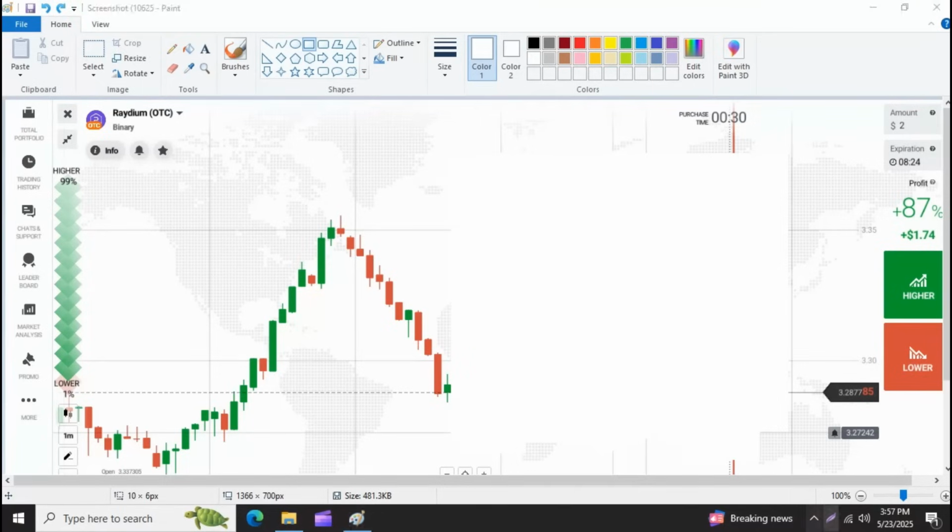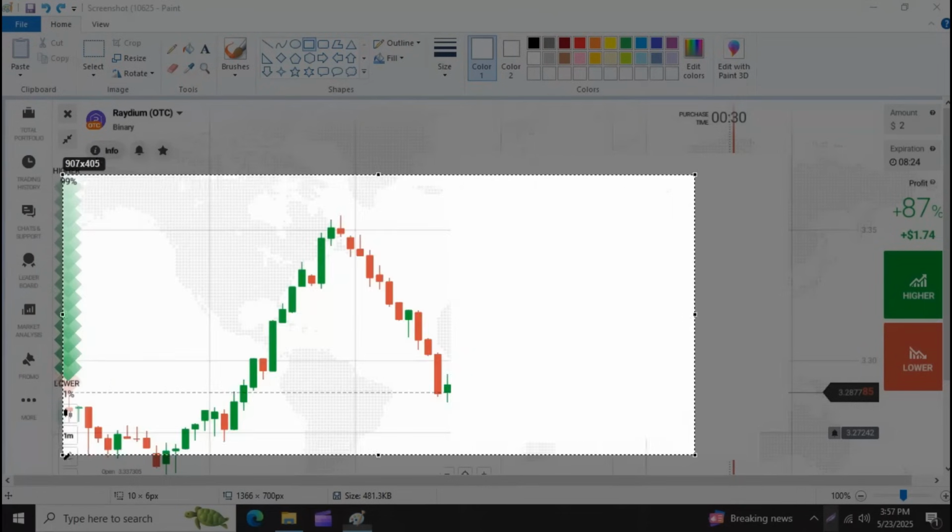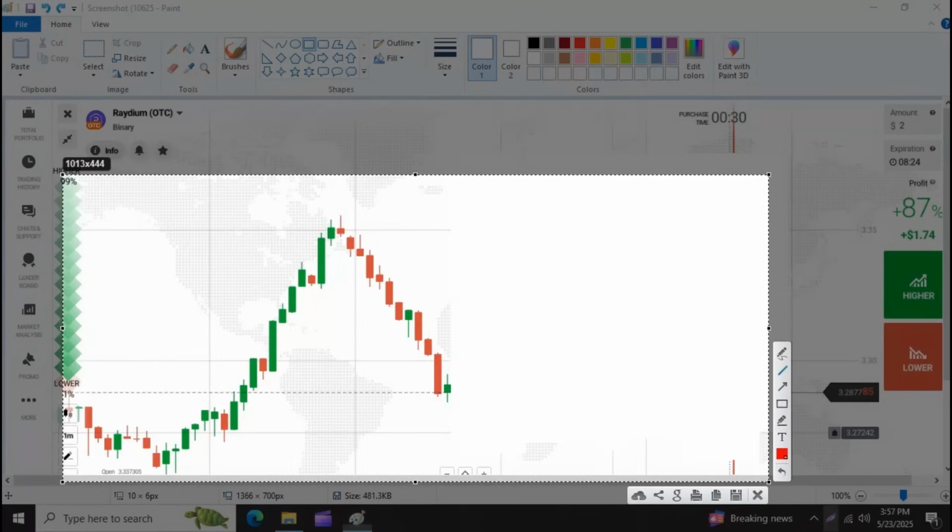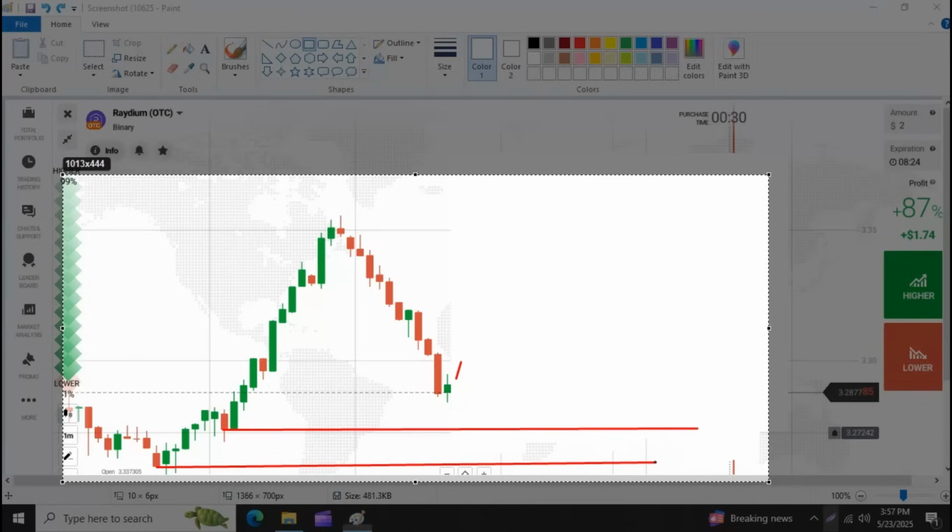Let me show you clearly once again. Here is where the market is. Okay, here if you notice, you have a support. What is the next candle now? Should we continue or should we wait? First of all, if this is a retracement, yeah, you could continue again with sellers.